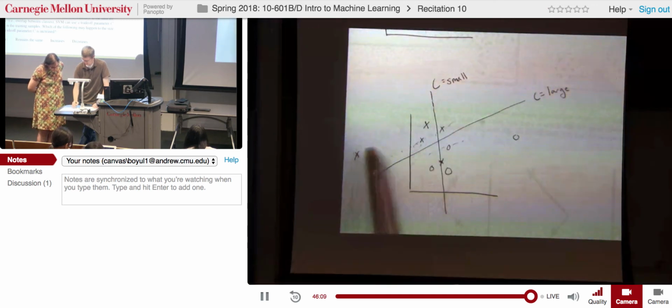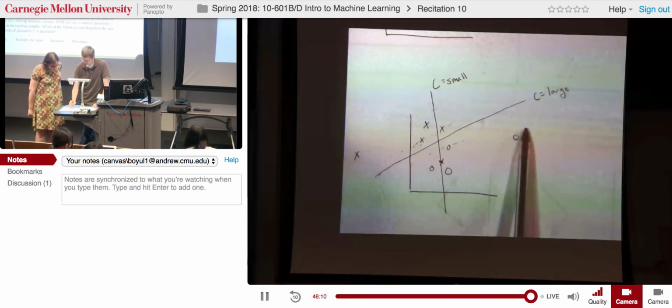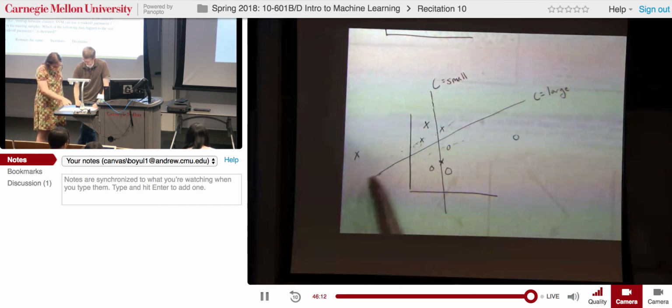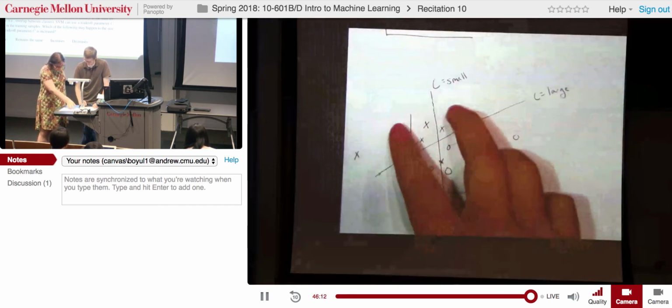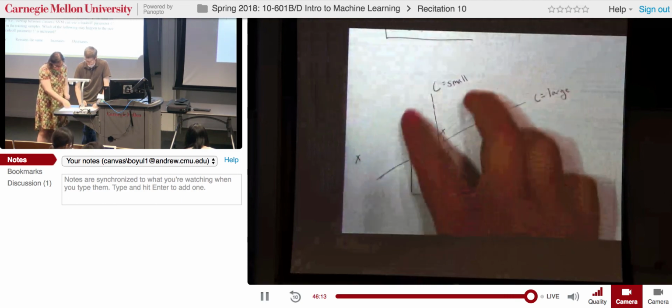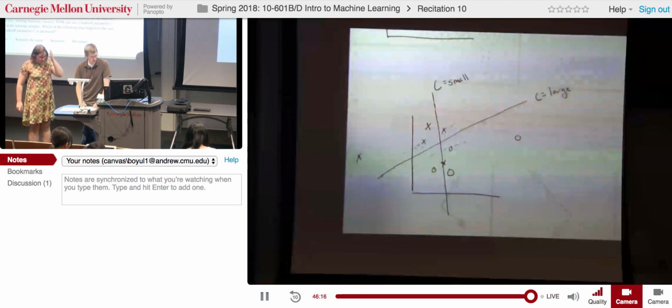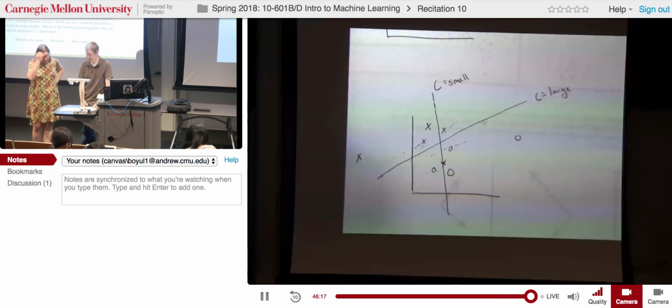And so you guys are all thinking about this right now. So, all right, what happens as we adjust the parameter C, specifically as we increase C?